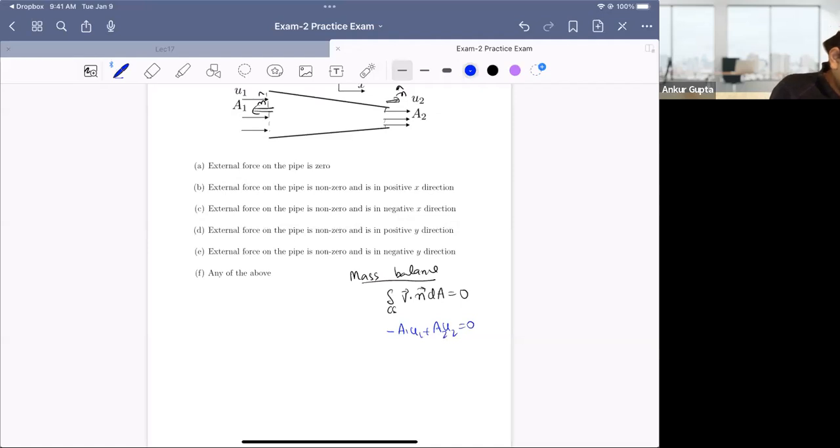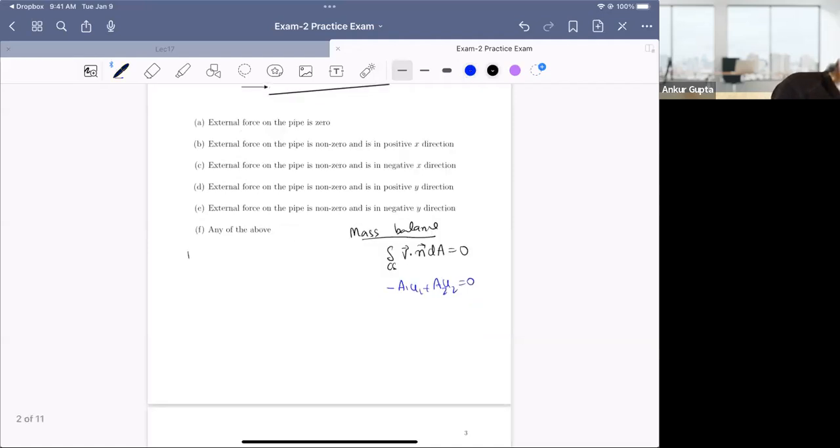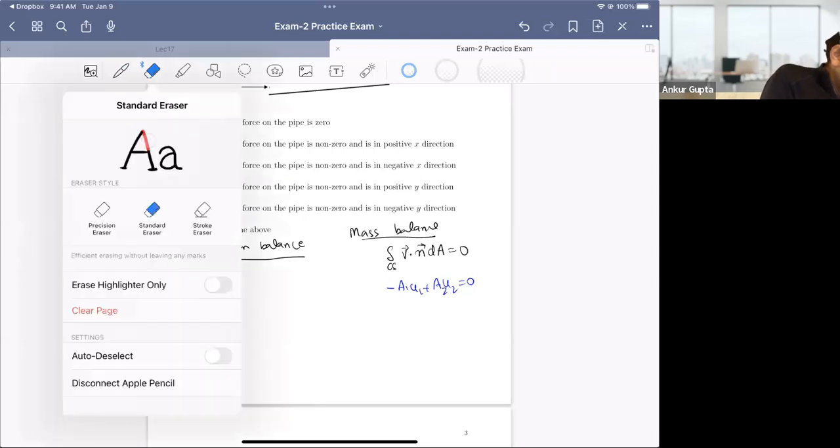And then from momentum balance, the velocities are only in the x direction, so we'll simply have it in the x direction as well. There is no rho because rho is constant.